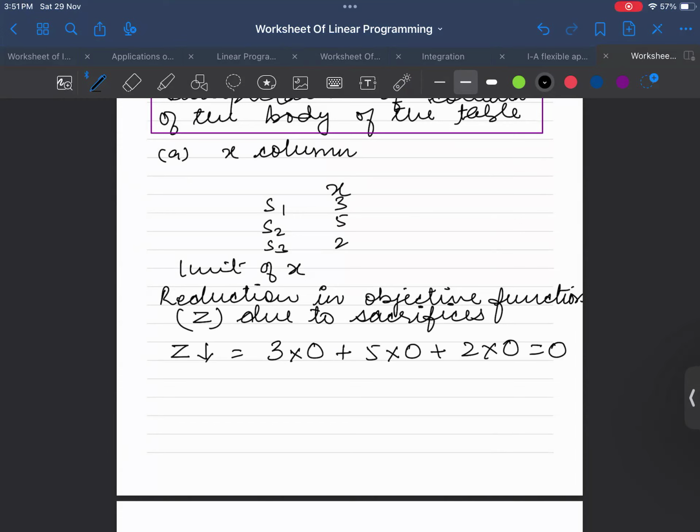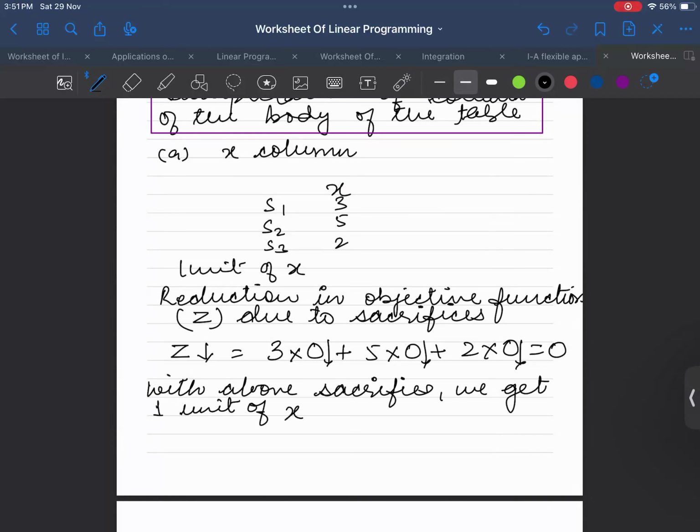How much have we sacrificed? 0. We can see it's decreasing, so we got 0. With the above sacrifices, we get 1 unit of x variable.